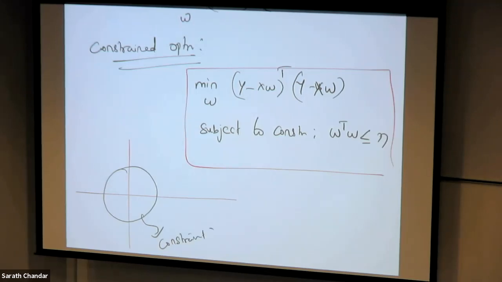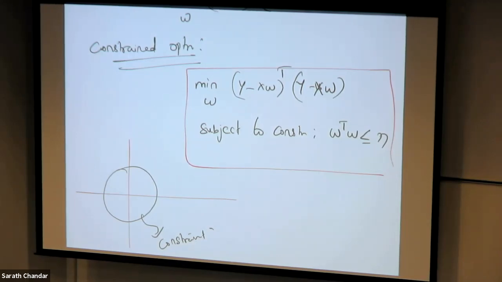Whatever eta I fix, that gives me a space in the parameters, and I can only find solutions which lie within this space. Depending on how strong my regularization is, this circle is going to become smaller and smaller. If the circle is really small, I cannot have very high values. If the circle is large, then I can have very high values, right?